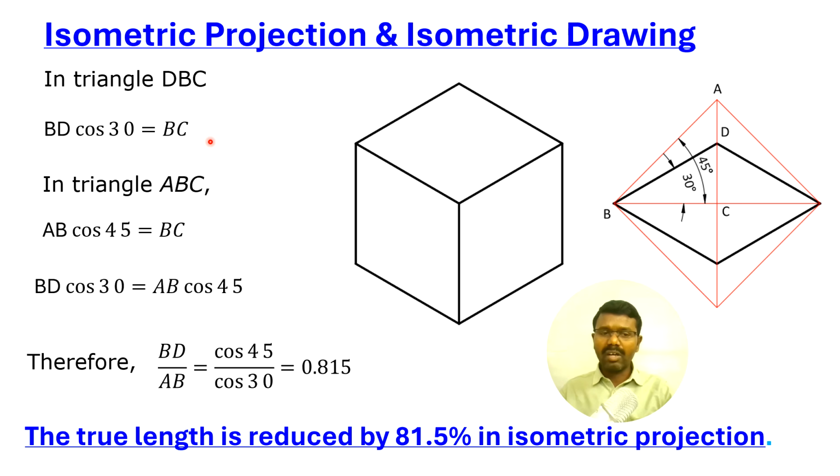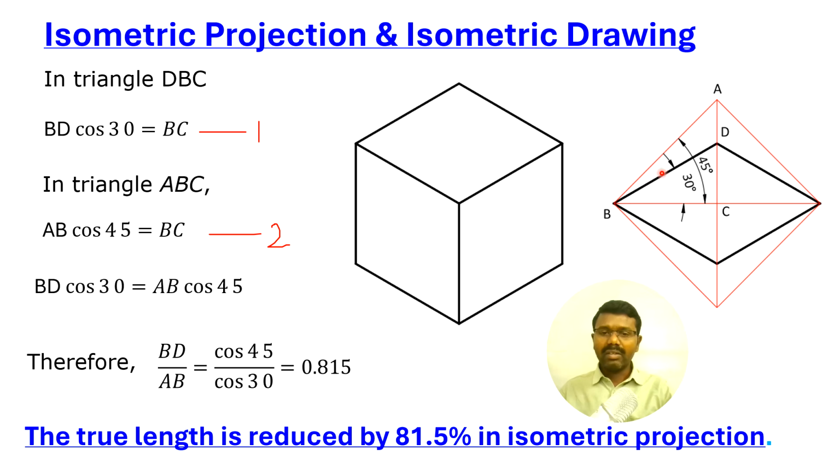So BC is BD cos 30, that is equation 1, and this is equation 2. If equation 1 is equal to equation 2, then BD cos 30 is equal to AB cos 45.